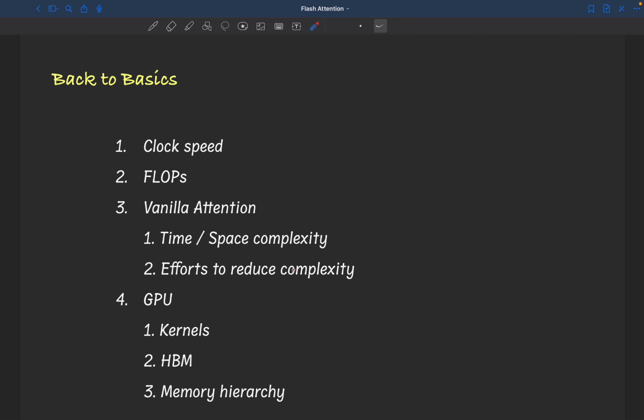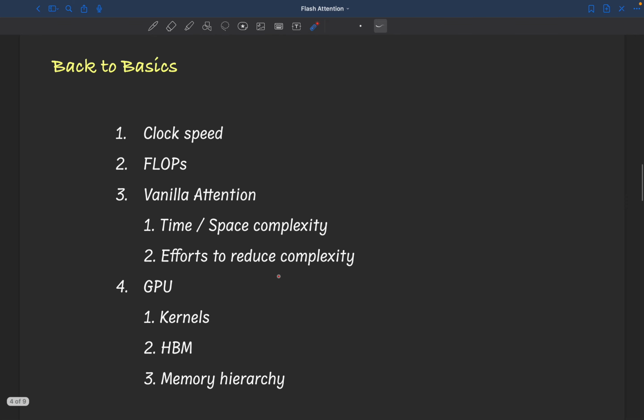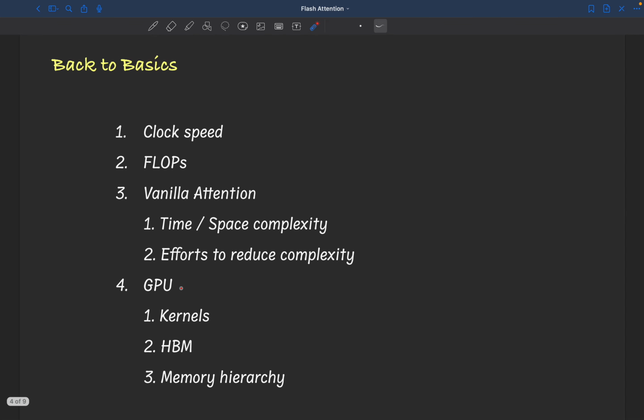There are multiple other ways as well, but these are the major efforts in reducing the complexity, right? The ways we have discussed, low rank or sparse, are not exact attention implementations, those are just approximate attention implementations. Okay, and GPUs.